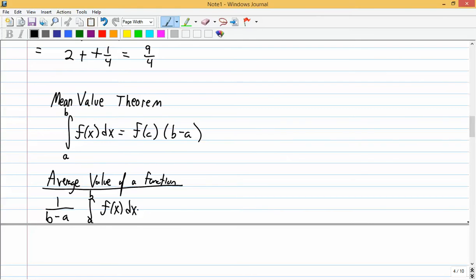That f of c in the formula for the mean value theorem is called the average value of f on the interval. That place between not too big and not too small, that's the average value.